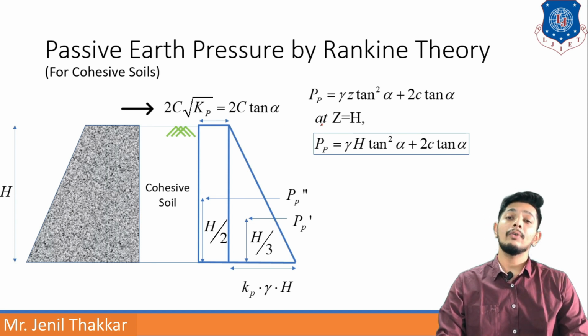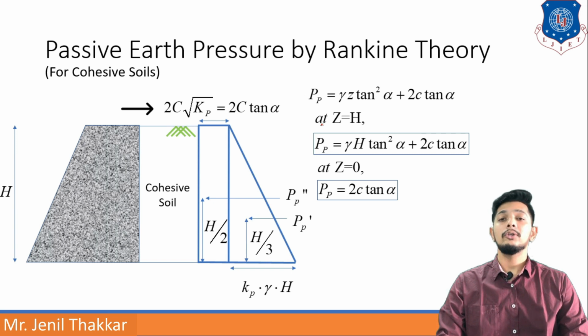And if I want to find out pressure at top, then I can find out at z is equal to 0. Pp will be 2c tan alpha. So here it will be 2c tan alpha, and here it will be gamma h tan square alpha plus 2c tan alpha. Here 2c tan alpha can be written as 2c into under root Kp.